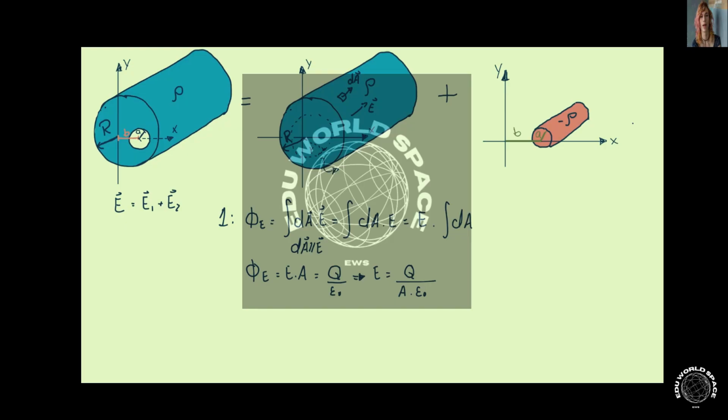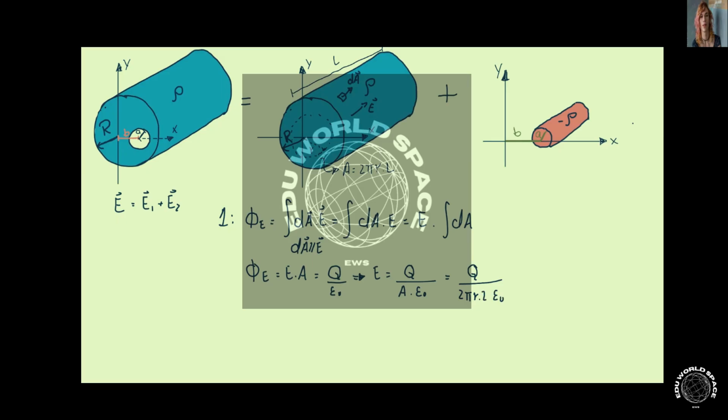So the area of a cylinder is equal to 2 pi times r times L, where L is this measurement. Therefore, we conclude that E is equal to Q divided by 2 pi r L epsilon 0.